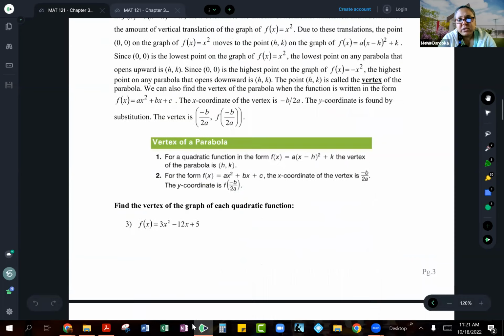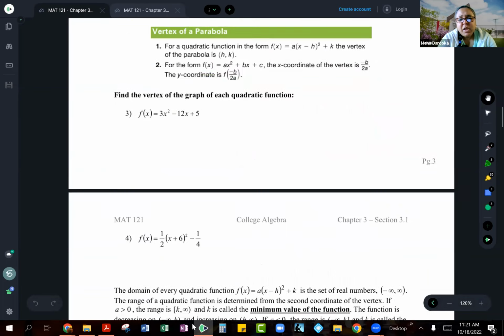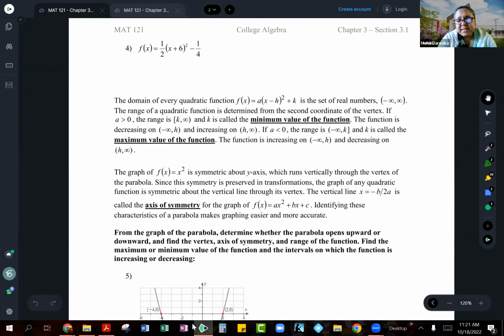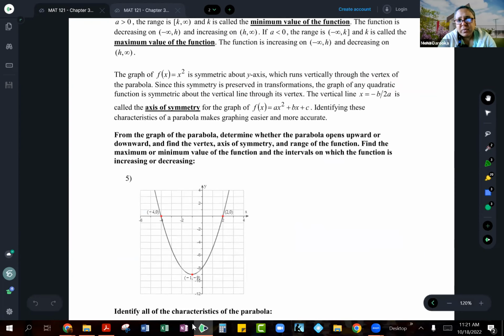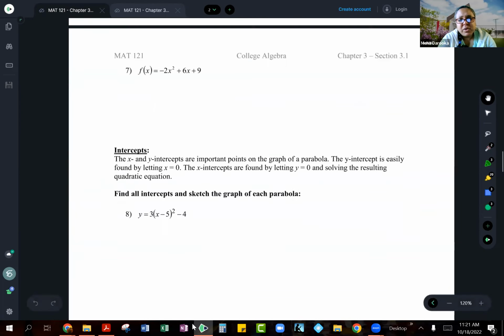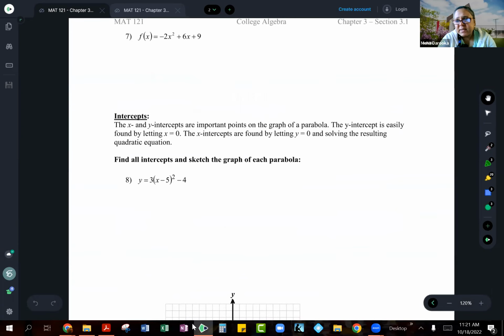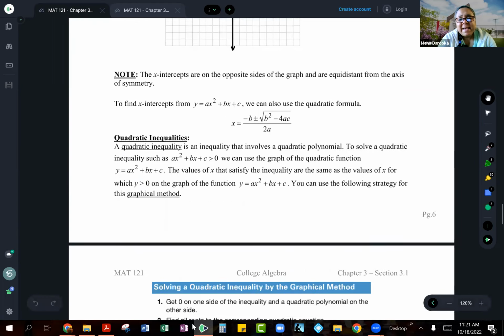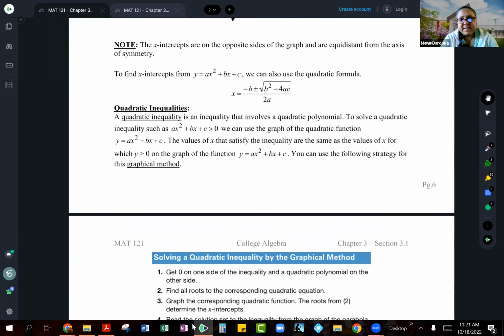And then we also got into talking about the domain, range, maximum, minimum value, the interval where your function is increasing, decreasing. And then towards the end, we also talked about how to find our x and y intercepts. And then we got into solving inequalities, and that's where we had basically stopped.